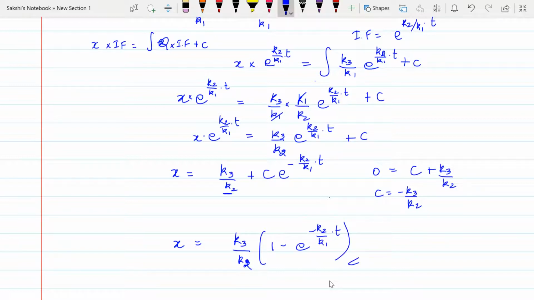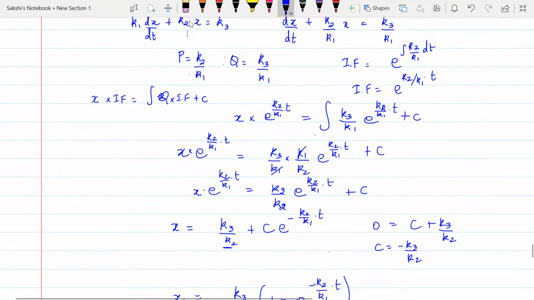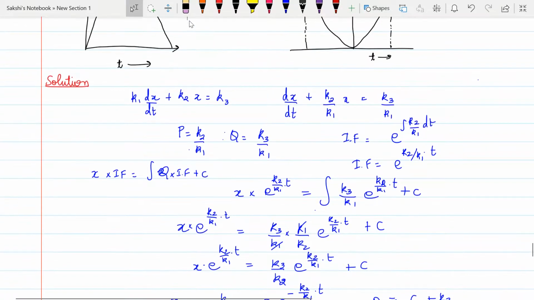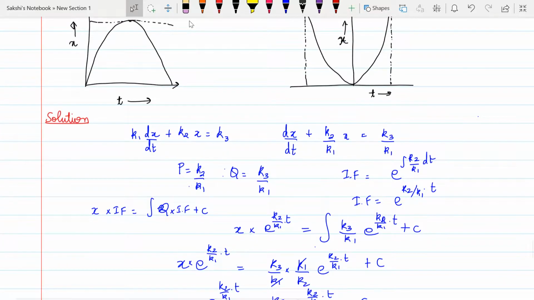So if you plot the graph from 0 to at least 10 to 15 or some other points, and if you can also remember these sorts of graphs, like exponential graph, sine graph, tan graph, any kind of graph, like the 1 minus e power graph or 1 minus e power minus t graph, right? So if you see the options, the only option that suits our solution, that is 1 minus e power minus t.